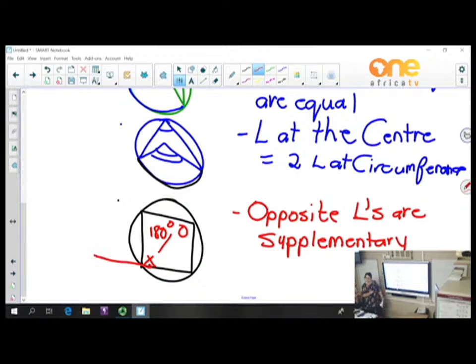Can you see that this is again an exterior angle? Here, this exterior angle is equal to the opposite interior angle. Obviously, if this two is 180 and this two is also 180, they must be equal. So the exterior angle is equal to the opposite angle.